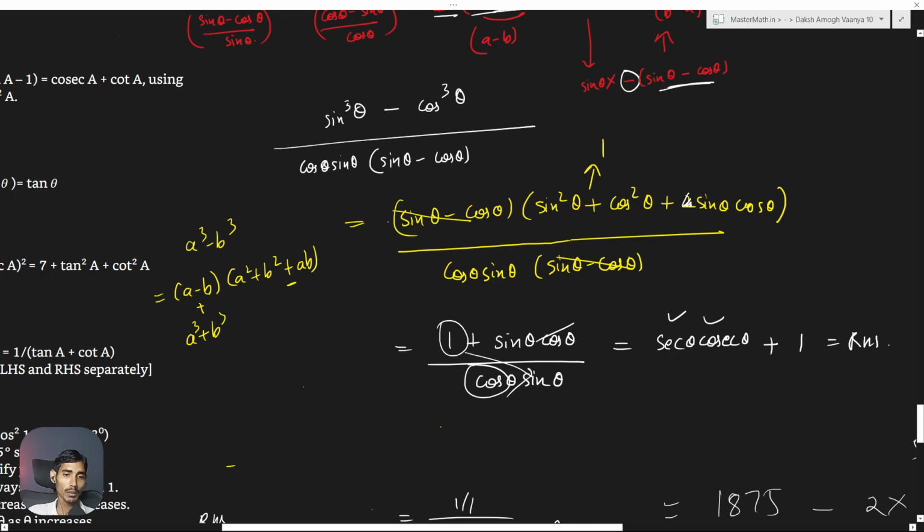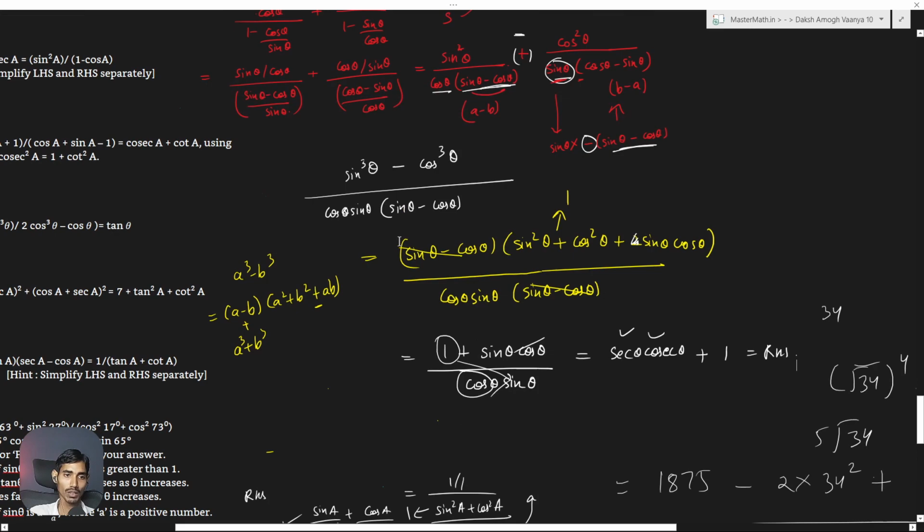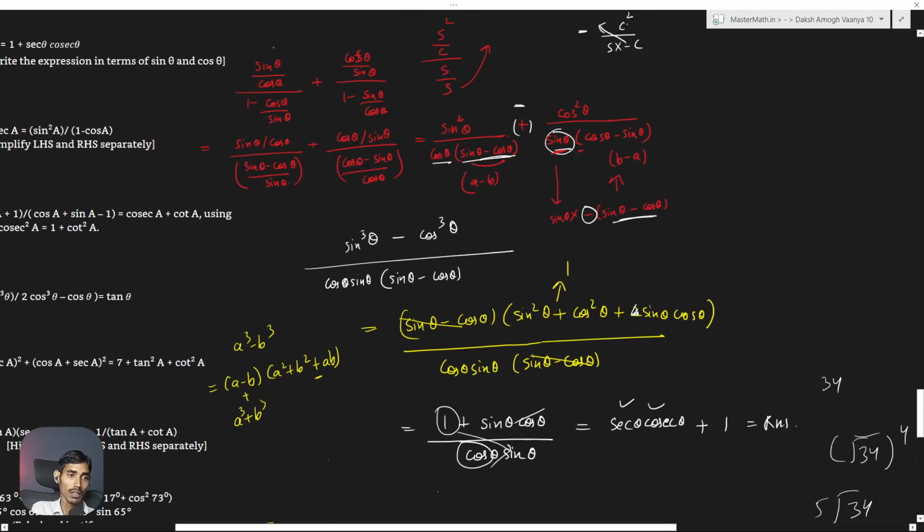Let me quickly brush this once again. You can take a screenshot or you can note. First step, simplifying into sine and cos. Everyone pay attention. Second step is taking LCM, solving the numerator and denominator.